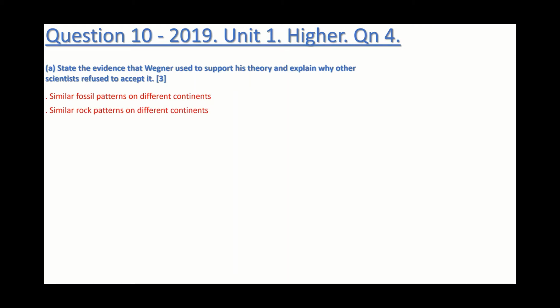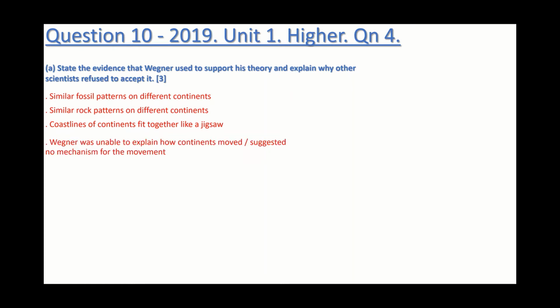Or you may have said that there were similar rock patterns found on different continents also. Exact same indicator as the last piece of evidence. Your third option was then saying that coastlines of different continents seem to look like they fitted together like a jigsaw puzzle. Now, the reason why scientists didn't want to accept this theory though was due to how Wegener had no suggested mechanism or explanation to how the continents were able to move in the first place.